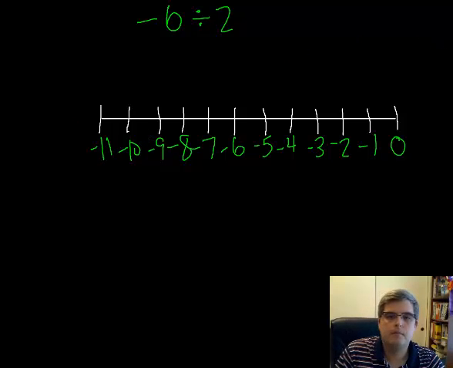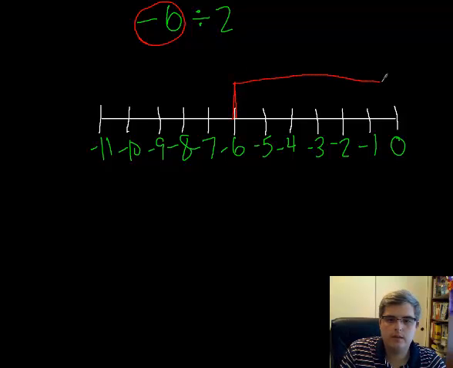So now, our hop is negative 6 in size. So it's going to be everything from here all the way to 0. This is its size. Now we're going to divide that hop into 2 sections.